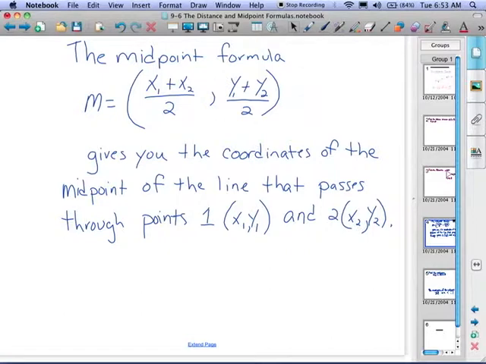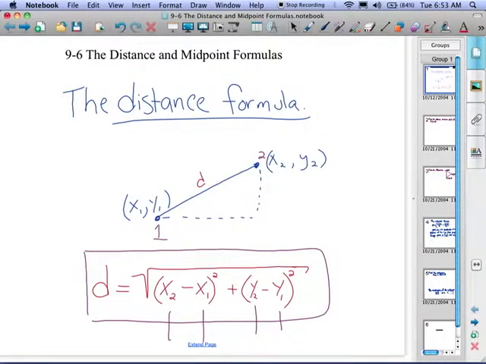The other half of this lesson requires us to find the midpoint. The midpoint gives you the coordinates of the midpoint of the line that passes through point 1 and point 2. So if we go back to the first board, we're going to look at this picture, and we have d as the distance between points 1 and 2.